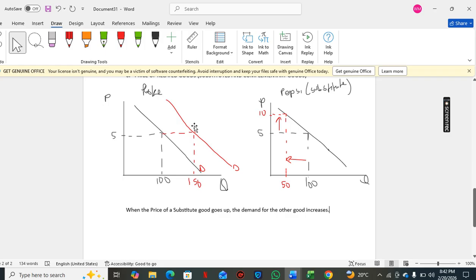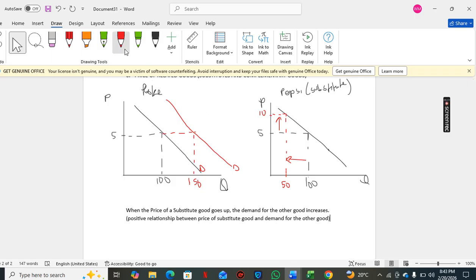So there's a positive relationship between the price of the substitute good and the demand for the other good. What I mean by a positive relationship is that if the price of the substitute goes up, the demand for the other good also goes up.